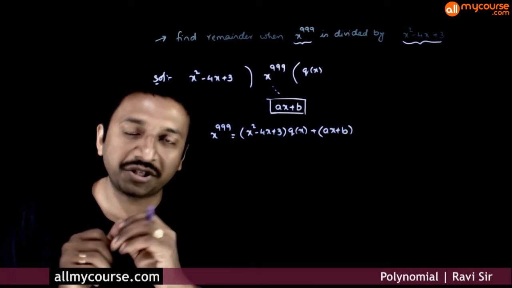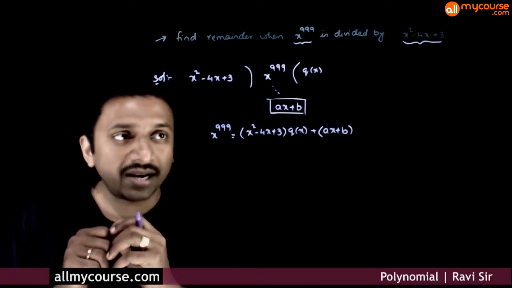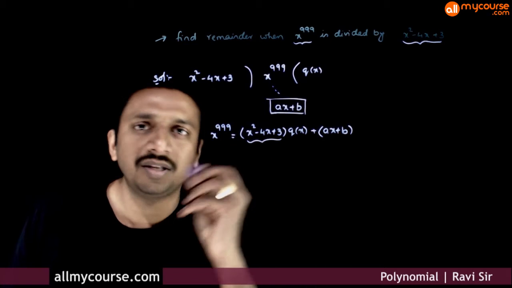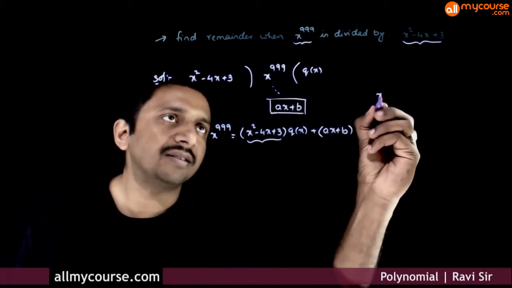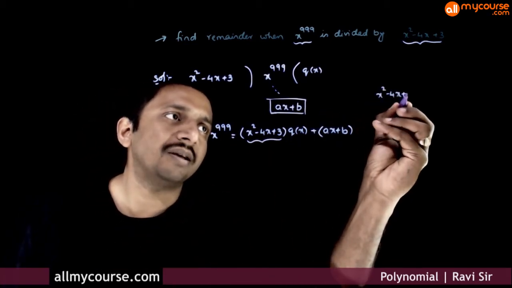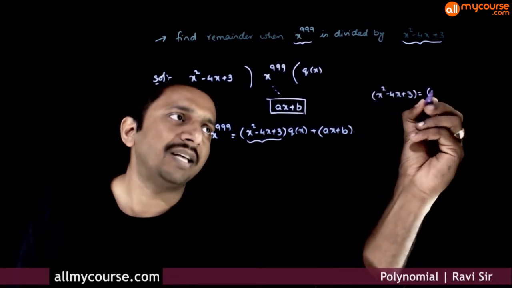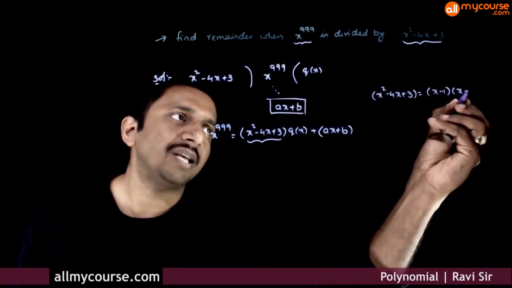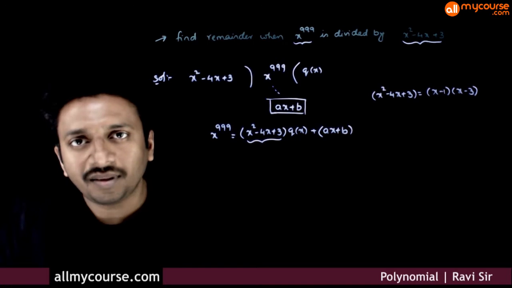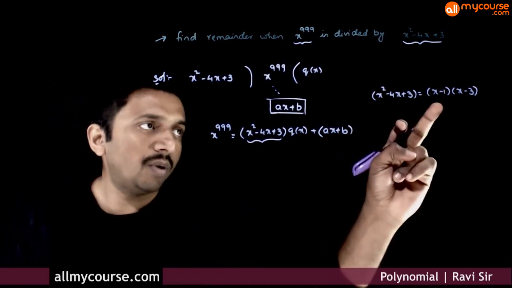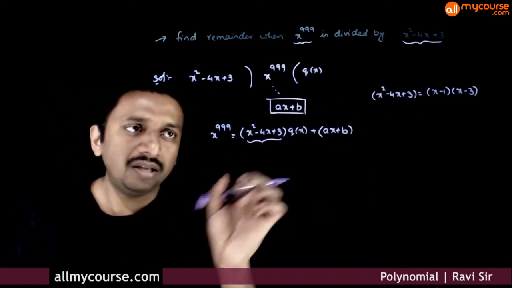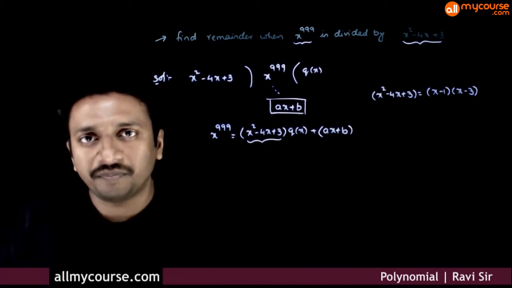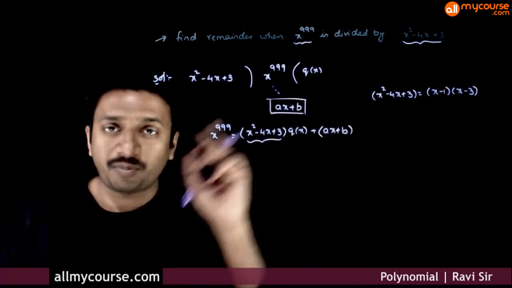We take some special numbers. The numbers are nothing but the roots of the divisor. We know that x square minus 4x plus 3 can be factorized as x minus 1 times x minus 3. That means at x is equal to 1 and x is equal to 3, this expression becomes 0. So let us use that property.